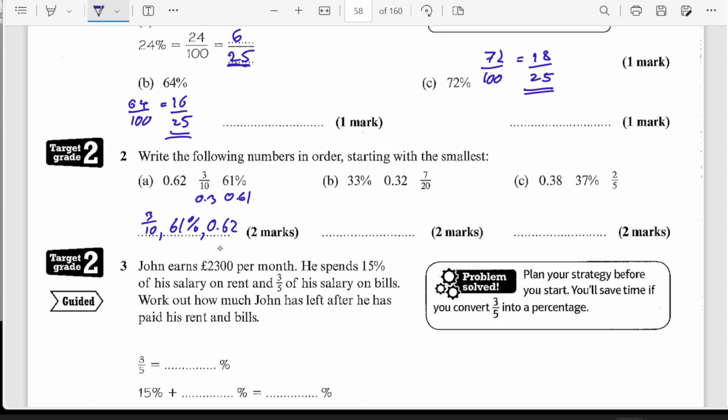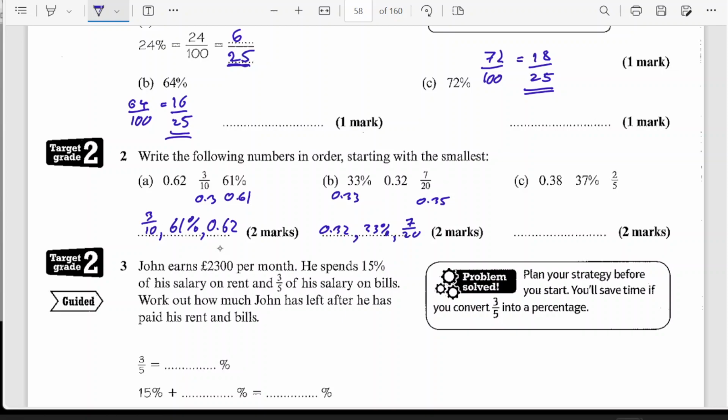And I would tend to use this strategy all the way through this question. So this is going to be 0.33 as a decimal. This one's already a decimal. This one would be times by 5, so 7 out of 20 is 35 out of 100, so 0.35. And then when we order them, the smallest one is going to be 0.32, followed by 33%, followed by 7 over 20, commas to separate.